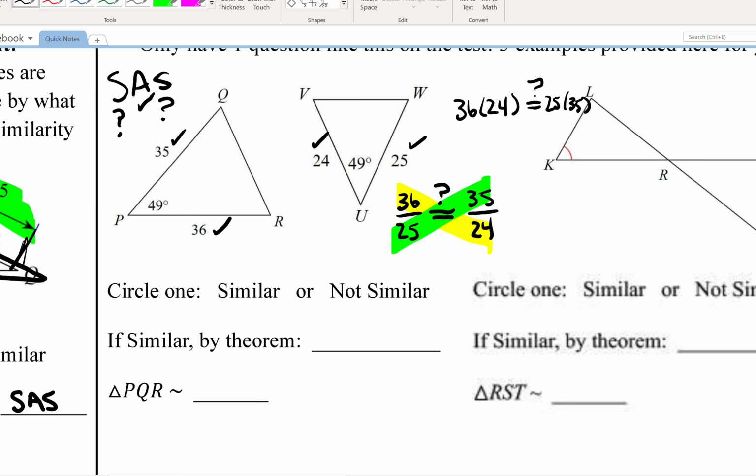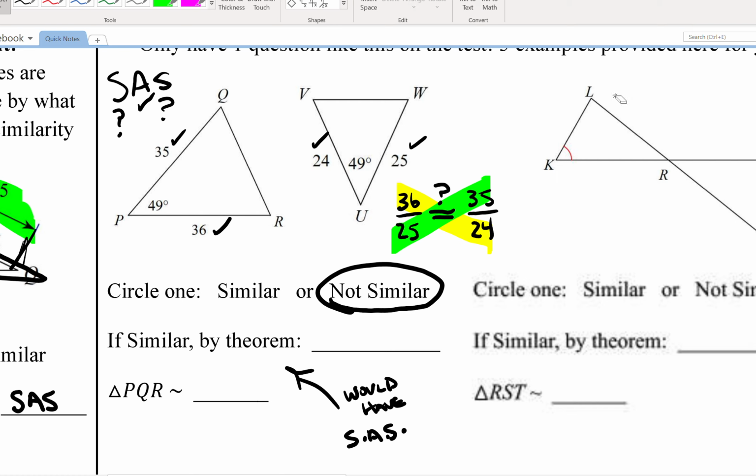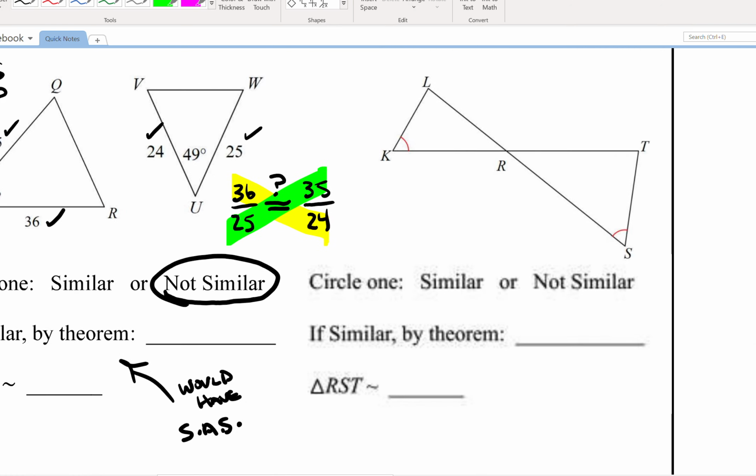And so these are not similar. If they had been similar, we would have proven that by SAS. So this is not a true proportion, and that's one way to show it.